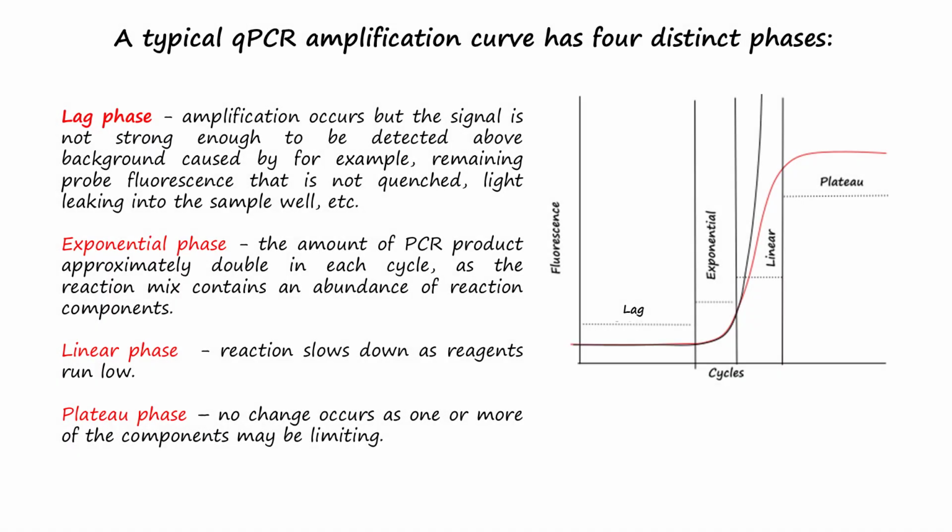Fluorescence, or normalized reporter fluorescence, plotted against the cycle number, results in an amplification curve, typically sigmoidal, with 4 distinct phases: lag, exponential, linear, and plateau. During the lag phase, amplification occurs, but the signal is not strong enough to be detected above the background.